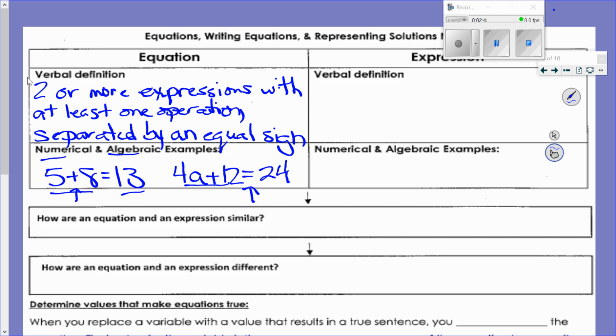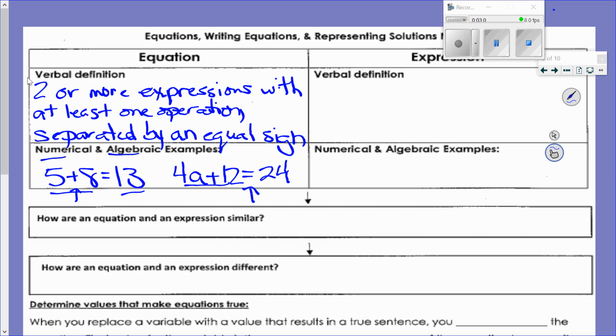Okay? Now, how does this differ from an expression? What is an expression? We just spent 5 lessons on that, so hopefully you guys have an idea. Michael? You have the variables but no. Big key, no equal sign.